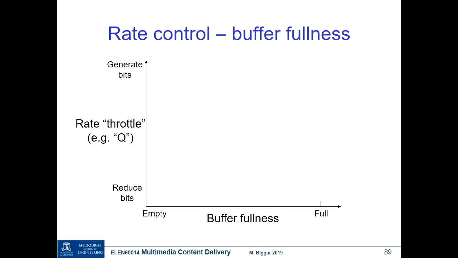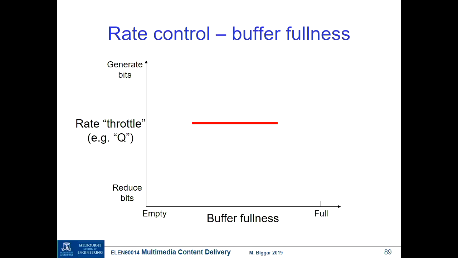And just to reinforce our understanding of what would be going on there, I'm trying to plot here how we use our throttle, our Q parameter, according to the buffer fullness. For a lot of the time, if the buffer fullness varies over some limited extent, doesn't become too full and doesn't become too empty, then we would leave the quantizer more or less the same, because that would give us, roughly speaking, the same quality.